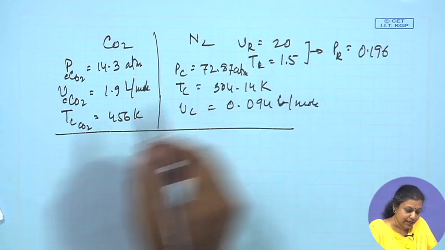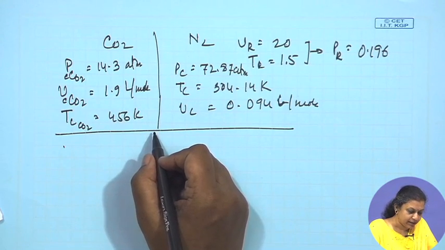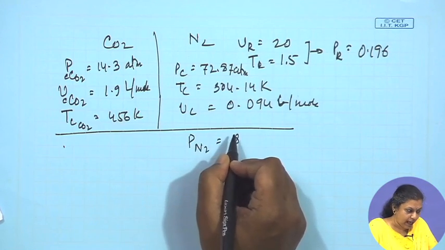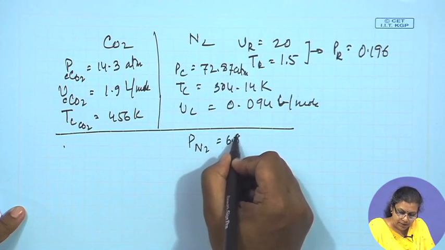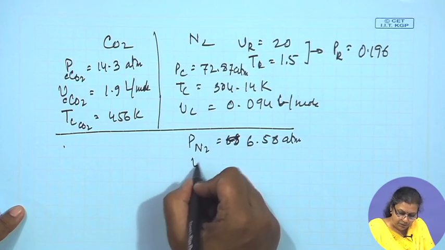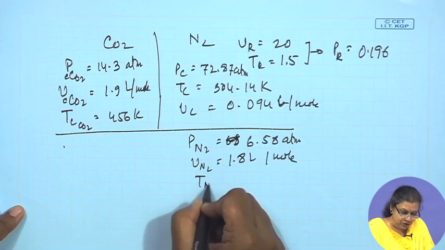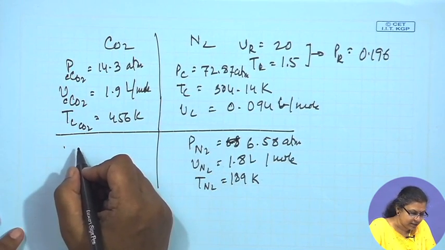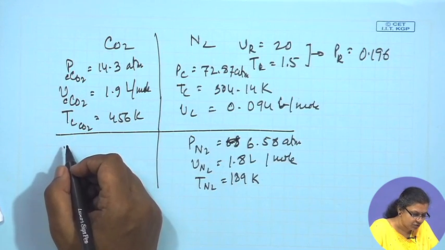If you calculate it out, you will find that this particular state corresponds to a pressure of nitrogen of 6.58 atmospheres, volume of nitrogen equal to 1.8 liters per mole, and temperature of nitrogen 189 Kelvin.